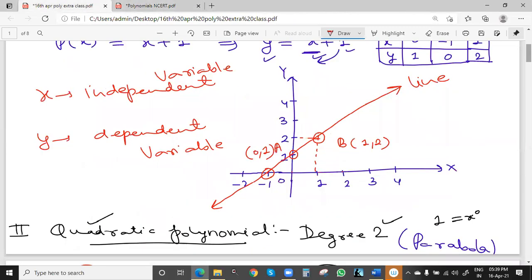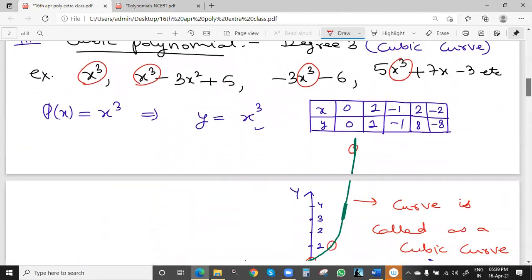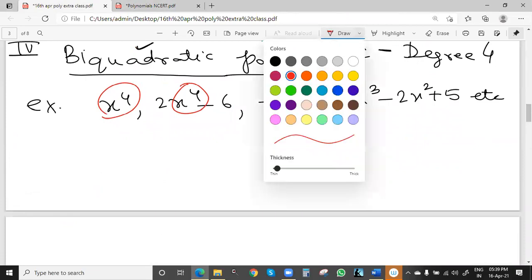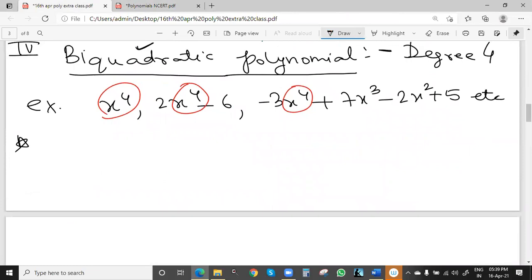Let me explain that part, then once again we'll see the questions. So one exception we have in polynomial. Note that with a star mark.